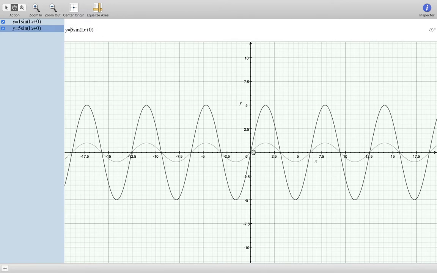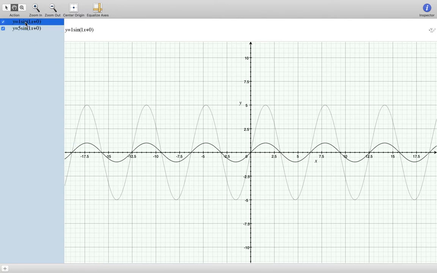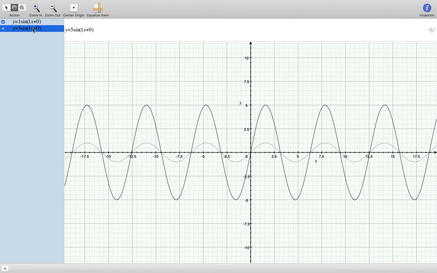So now you see the peak of this waveform is at 5. So this peaked at 1 and this peaked at 5. So just by changing this term right here, I'm able to vary the magnitude of the waveform. So that is the peak value. Whatever, if you have an equation for a waveform, a sinusoidal equation, this first value denotes the peak.